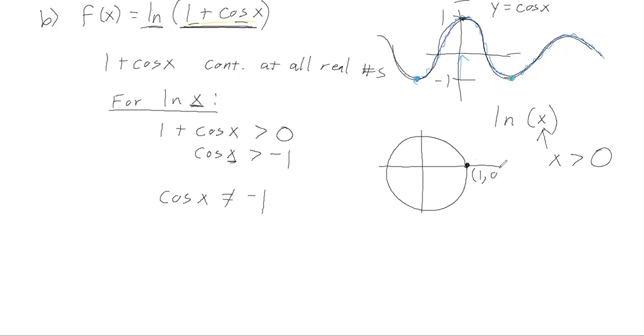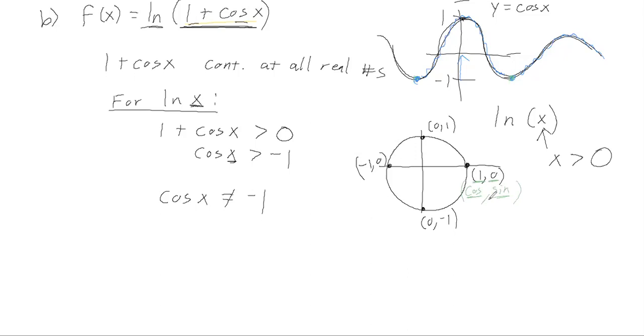I have (1, 0), (0, 1), (-1, 0), and (0, -1). Now remember how these ordered pairs run. These ordered pairs run cosine of theta, sine of theta. In other words, the first number is the cosine value, and the second number in the ordered pair is the sine value of the angle.